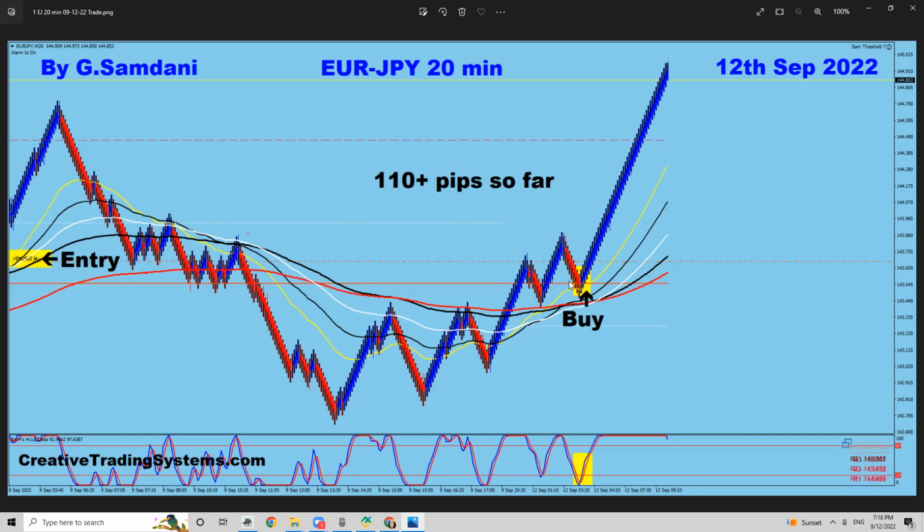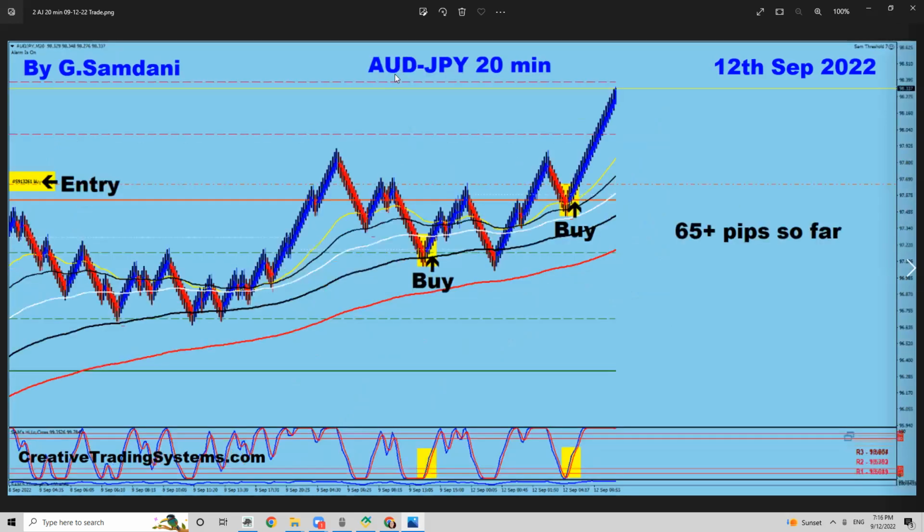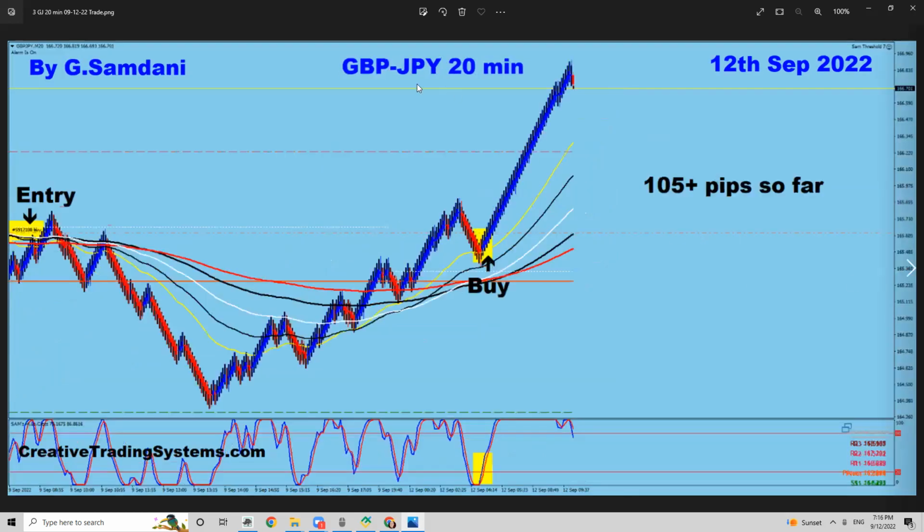Beautiful, beautiful entry by the book, right? And this is the one. And then I got an entry on Aussie yen. This was previous, last week, but this is the one today. It is only for 65 pip because it didn't move much at the time. And pound yen. Same entry like Euro yen. Beautiful by the book entry, right?